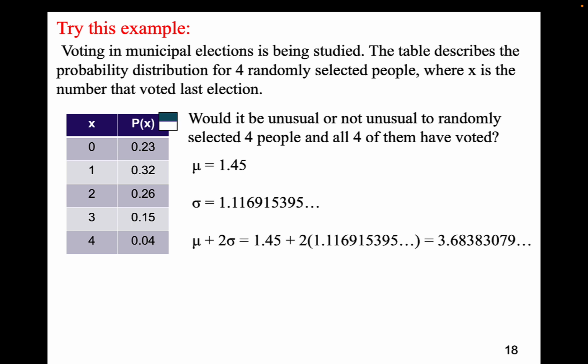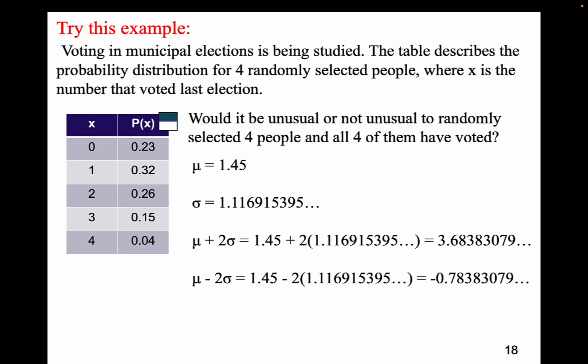We're going to use that information, the mean and the standard deviation, to find the maximum usual value. If we type that in correctly, you got 3.68383079. The minimum usual value, if you typed that one in correctly, you should have got negative 0.78383079.